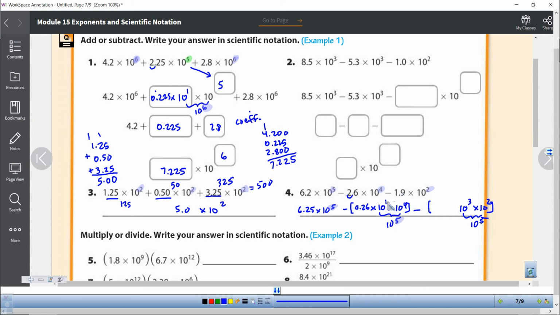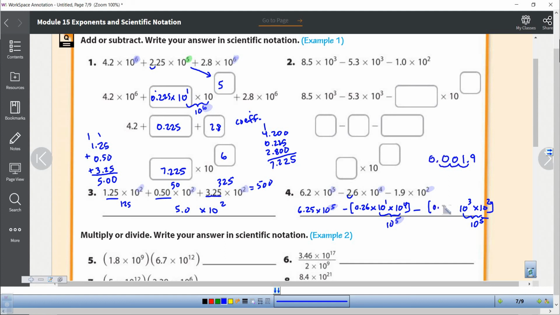If you multiply by a power of 10, move it once to the left. If you multiply by 100, or 10 to the 2nd power, move it twice to the left. I'm going to have to take that number 1.9, and I'm going to have to move it 1, 2, 3 places to the left. Okay, and what do I get?